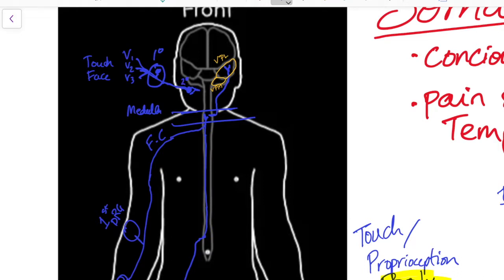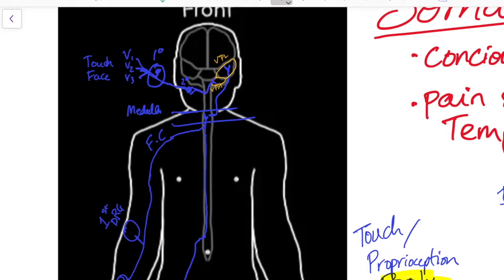It will cross over and become the medial meniscus. Got that wrong. So in our face, it will cross over as trigeminal thalamic tract and approach the VPM for the face.